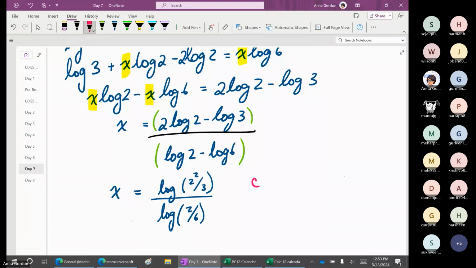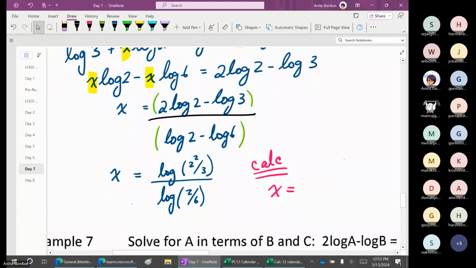But this is something we just put into our calculator. Can you do that? Tell me what you get for x. You can put either version in. You should get the same answer no matter what. Just make sure you're using your brackets carefully.